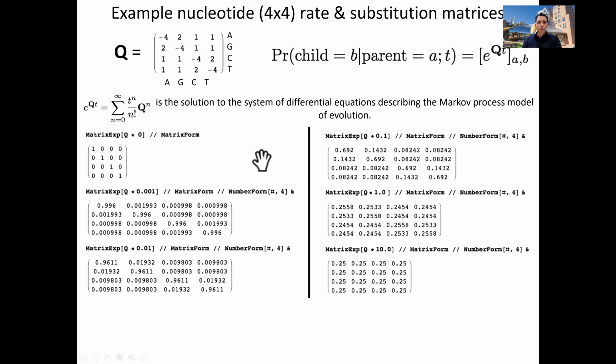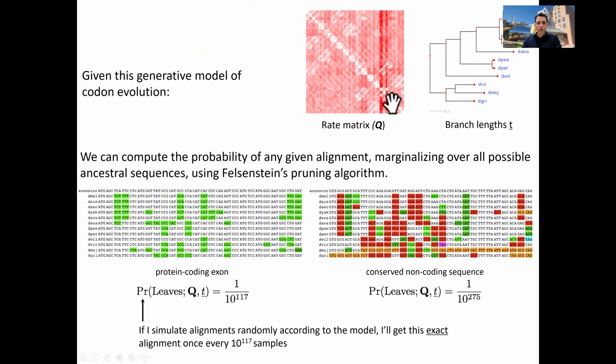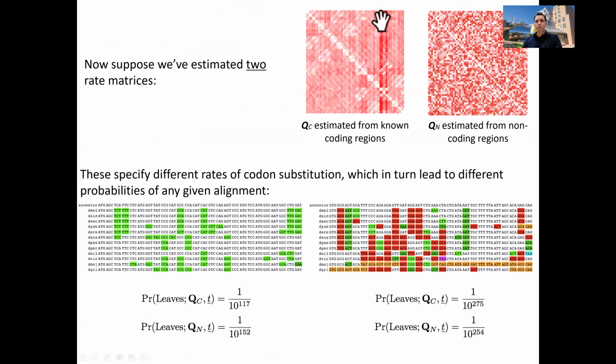And we're going to build one such matrix for protein coding and one such matrix for non-coding. And based on the frequency with which 64 by 64 pairs of protein coding codons are swapped, you can say, well, the swapping that happens in this region is much more likely to be coding. The swapping that happens in that region is much more likely to be non-coding. Is everybody with me here?